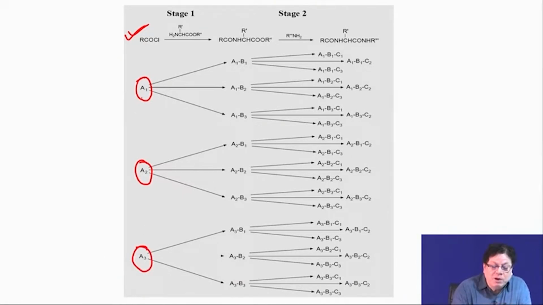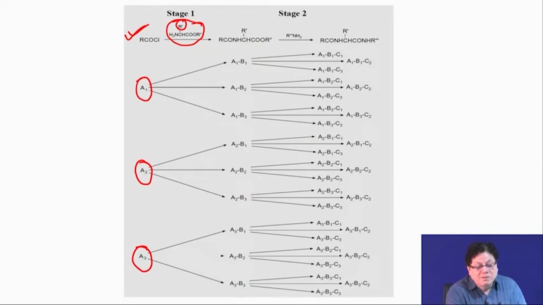Suppose A1 is methyl, that means acetyl chloride, this is propionyl chloride, and this is say butyryl chloride, and then you are adding an amino acid, NH2 with R dash, an amino acid ester. Now, this R you can vary, you can take different amino acids.